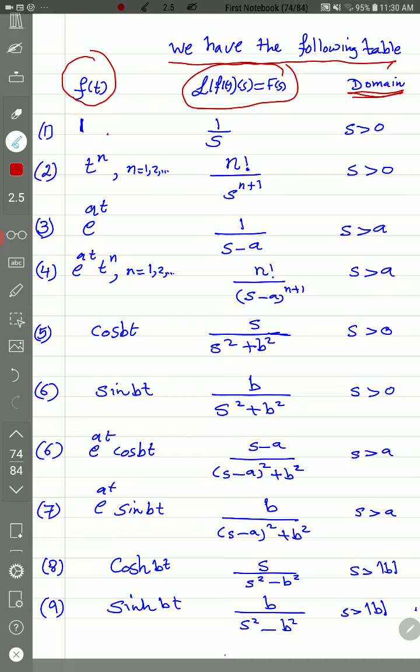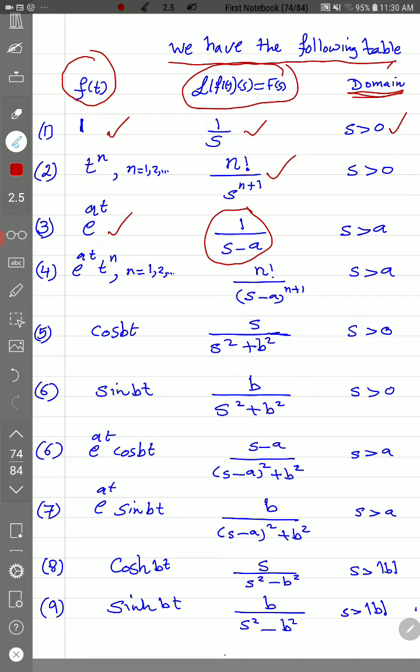So this is what we did here. When we get 1 over s, this is our domain here. And we did also this one in example 2, and we get 1 over s minus a. Okay, t to the power n, if you do it, you will get n factorial over s to the power n plus 1.